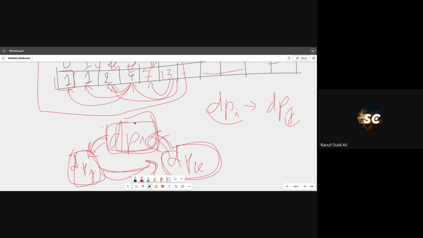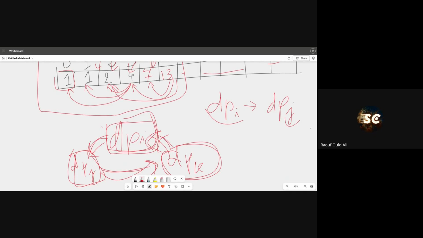So the important thing about the graph of transitions, like this we call a transition in DP, like using DPJ to compute DPI, is that if the graph of transitions has any cycle, we will be unable to compute our answer.